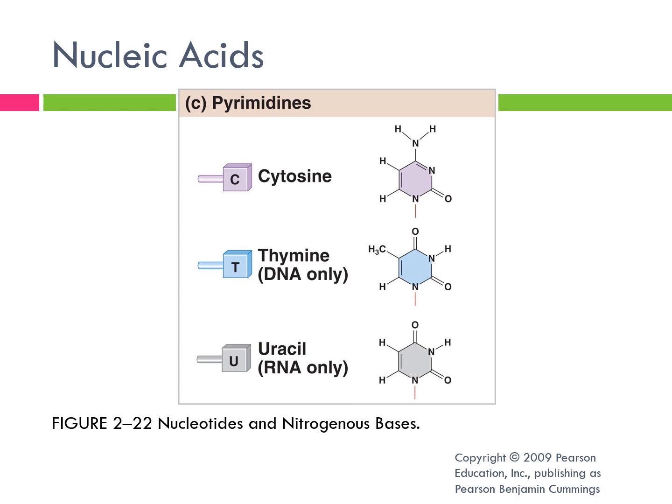And like I said, thymine is only in DNA, uracil is only in RNA, and the pyrimidines only have a single ring structure. That's not going to be the biggest of deals. You don't have to necessarily memorize that, but do know which ones are purines, which ones are pyrimidines, and which one is only DNA and which one is only RNA.